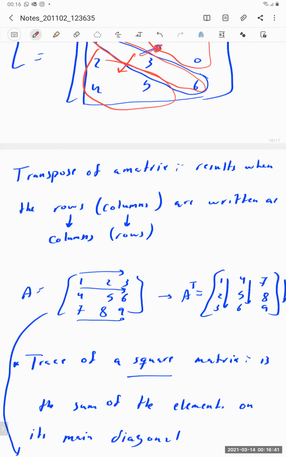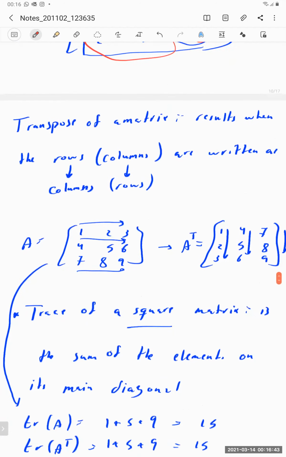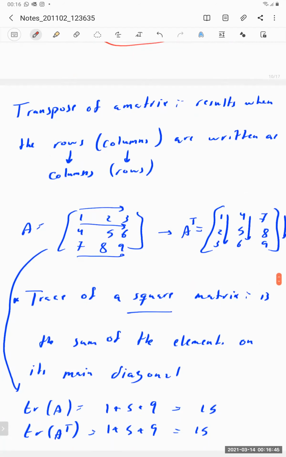The transpose. In this lecture, as you notice, most of it is definitions. The transpose of a matrix results when the rows are written as columns, or columns written as rows. That means you flip: the row is written as a column and the column is written as a row, and so on.